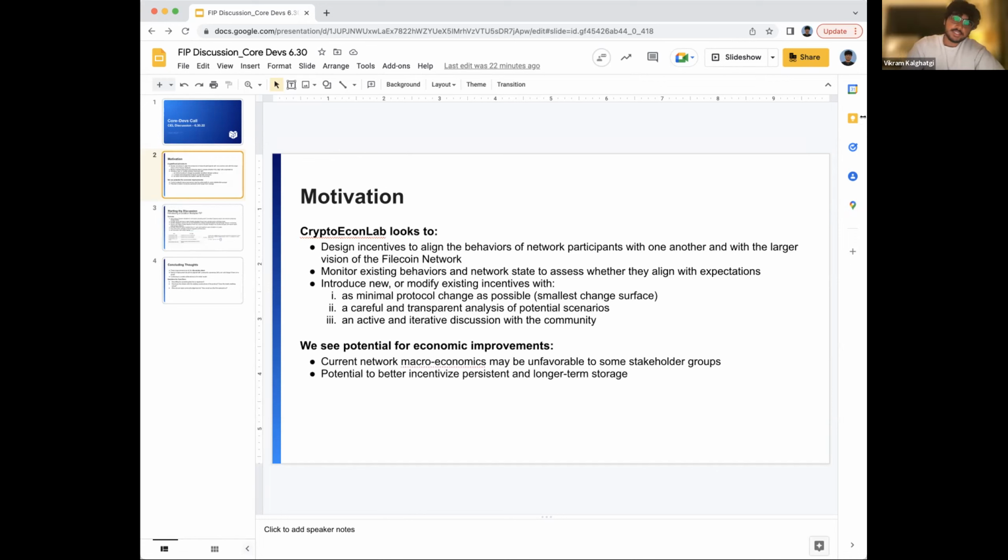If I understand this correctly, to clarify, I think the intention of the FIP is to increase the consensus power for longer deals, but that would require a higher collateral requirement as well, which maybe answers your question.